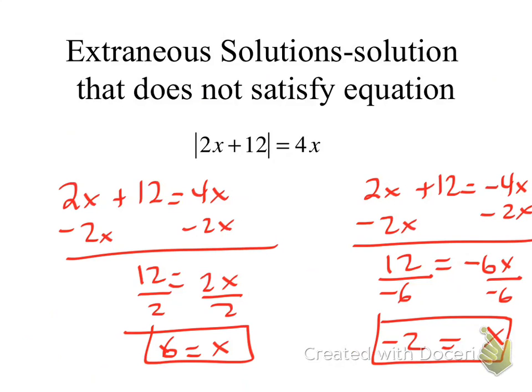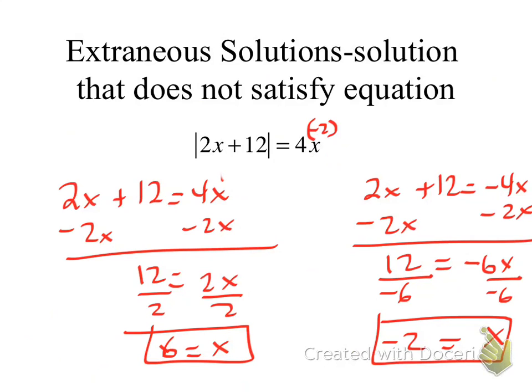All right, now we got to make sure they work. Does this work when x is 6? 2 times 6 is 12, plus 12, it's 24, and 24, that's going to work. Now let's try the other one. I'm going to substitute in the -2 here.